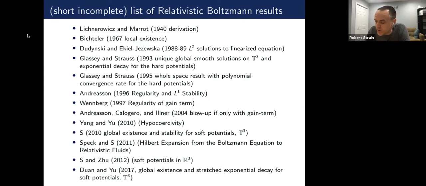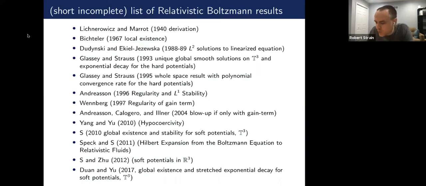Yang and Yu in 2010 proved hypocoercivity for the relativistic Boltzmann equation, and I worked on this in 2010. I studied global existence and stability for the soft potential case, and with my collaborator Jared Speck in 2011, we proved the Hilbert expansion between the relativistic Boltzmann equation and the relativistic Euler system.